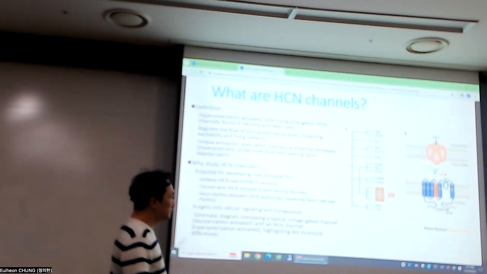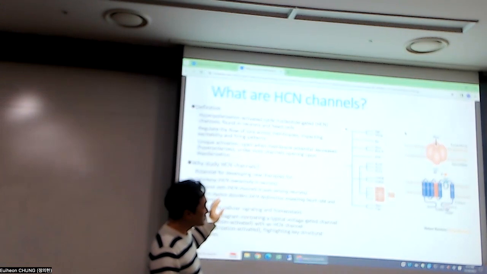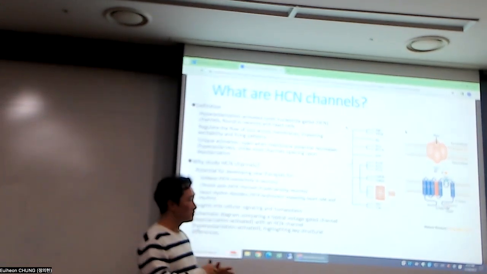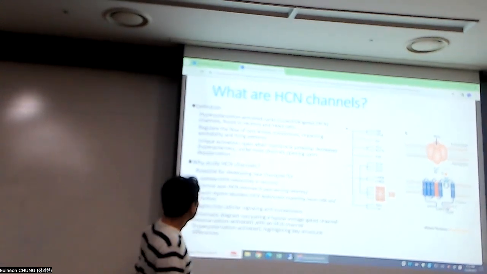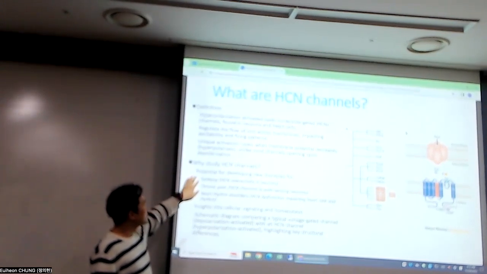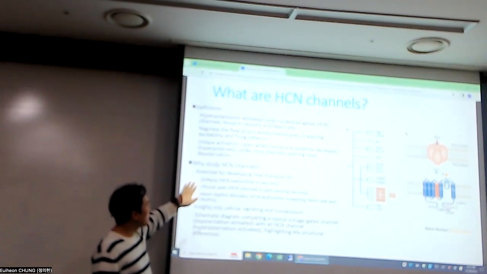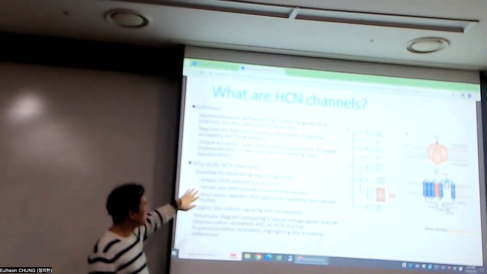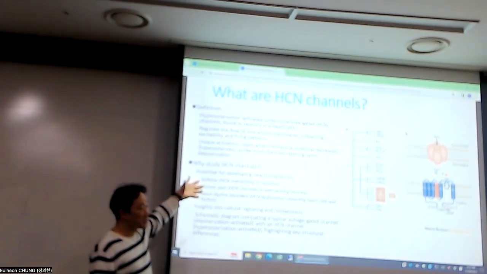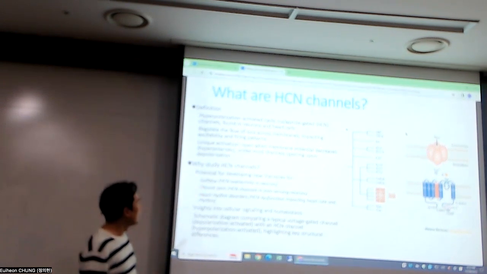So anyway, here, simply, it consists of 6 transmembrane domains like other types of voltage-gated channels. And then why is it important? Because HCN channels are also involved in epilepsy, chronic pain, heart rhythm disorders, all these symptoms, which can be severe diseases.